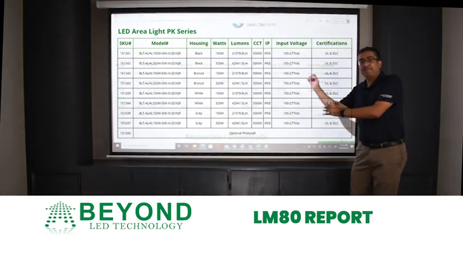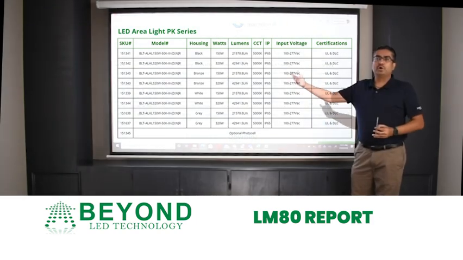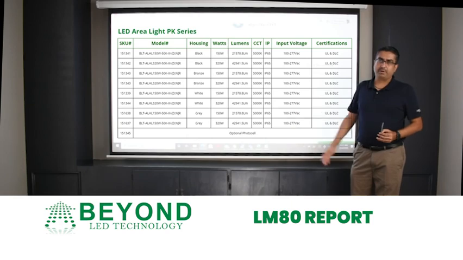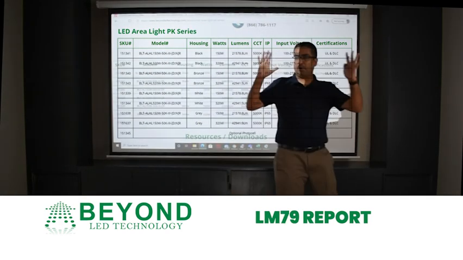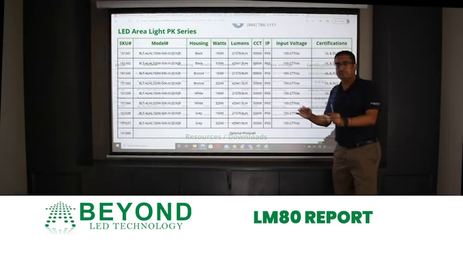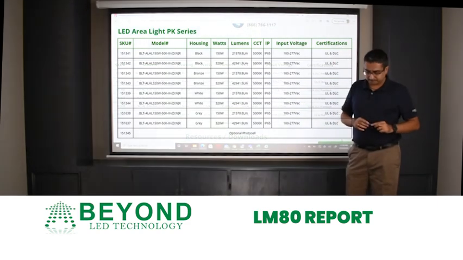But if you look at the chip efficiency, it can go up to 200 lumens per watt. Now, the LM79 report is for the entire product. The LM80 report is for the chip.